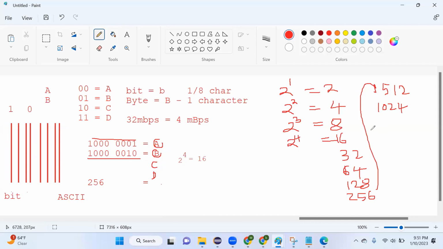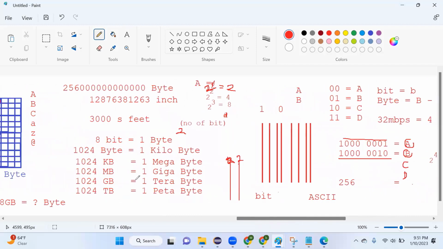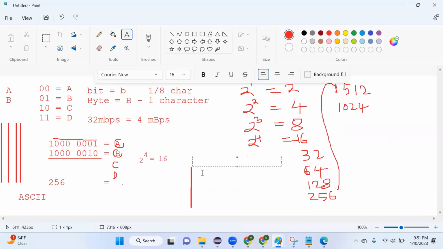So that's why this is the calculation. Suppose I have 1 bit, then I have 2 states, 0 or 1, right? So 2 states.